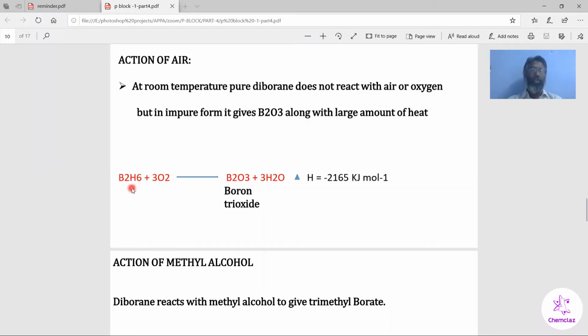So diborane containing a little impurity undergoes combustion with oxygen, which gives boron trioxide and water. This reaction is extremely exothermic, so the delta H value is negative. That means a lot of heat energy is released, so diborane is used as fuel.